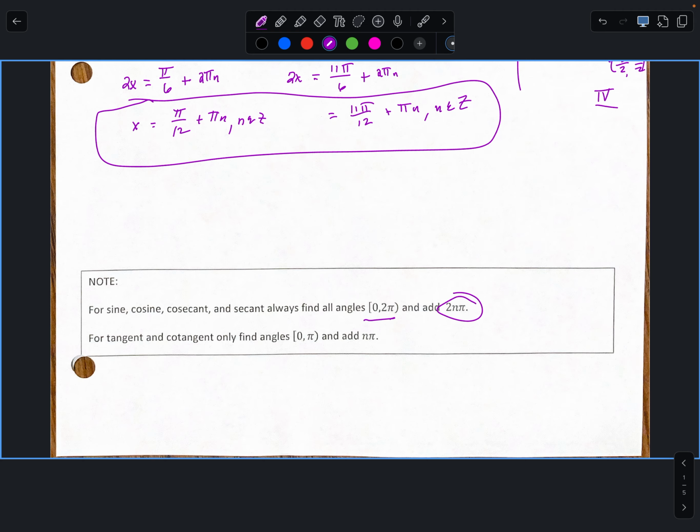So for tangent and cotangent, you just find the one angle in quadrant 1 or 2 that makes it true, and you add pi n, because its period's pi. So that's important.